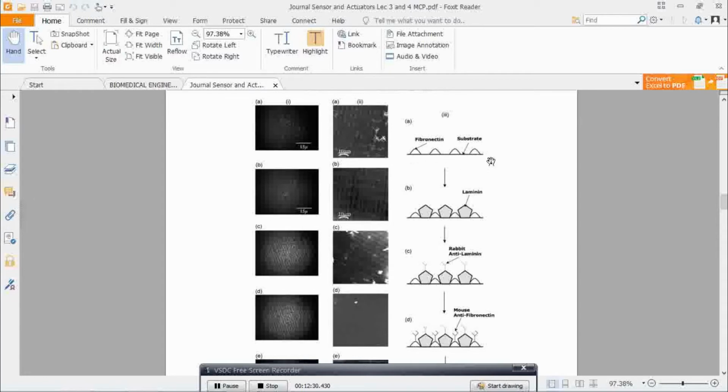Then the free areas are filled by another protein called laminin. Both are extracellular matrix proteins. We have put two to show the ability of the surface plasmon to detect the changes in binding events between these two proteins.